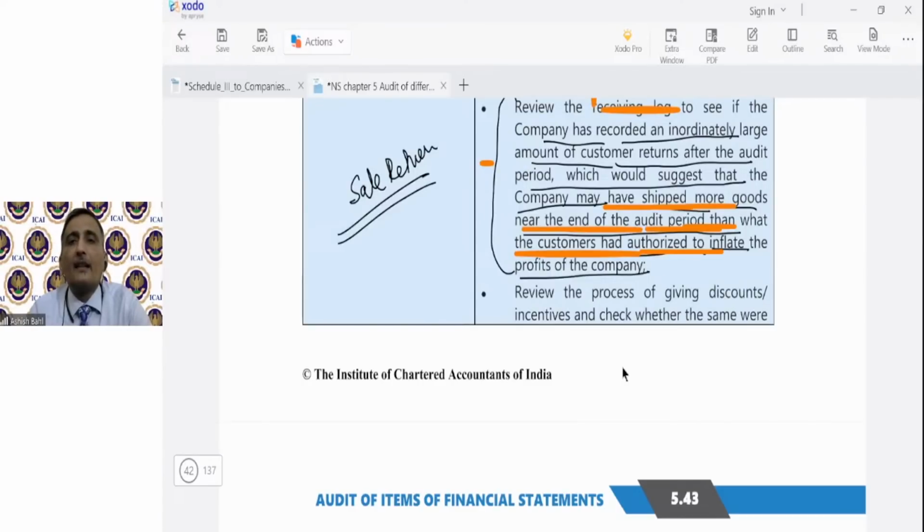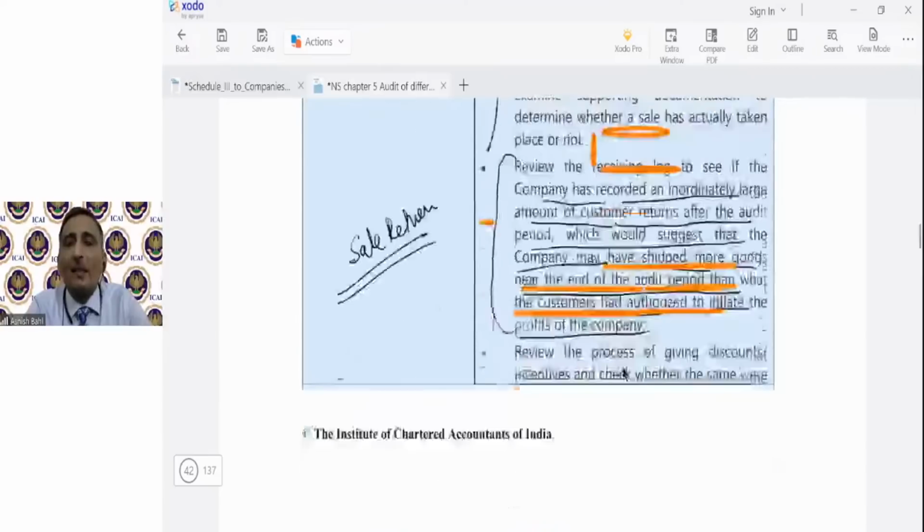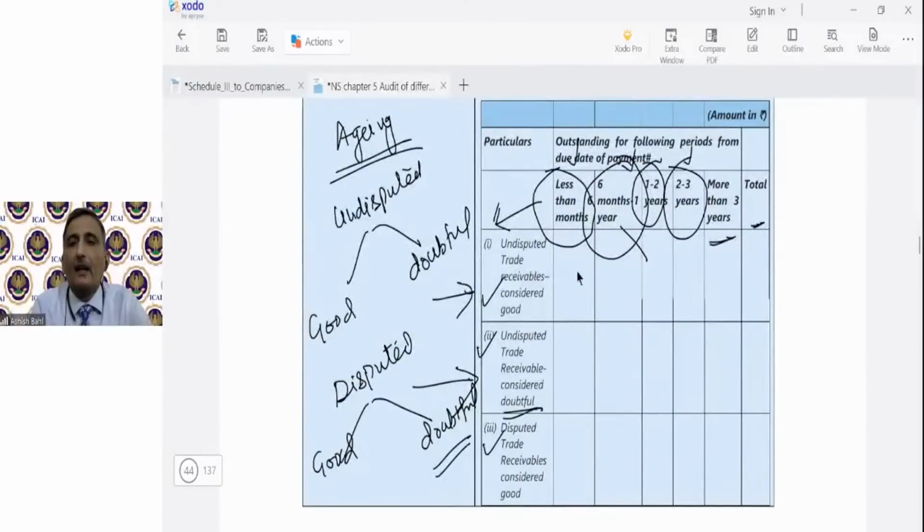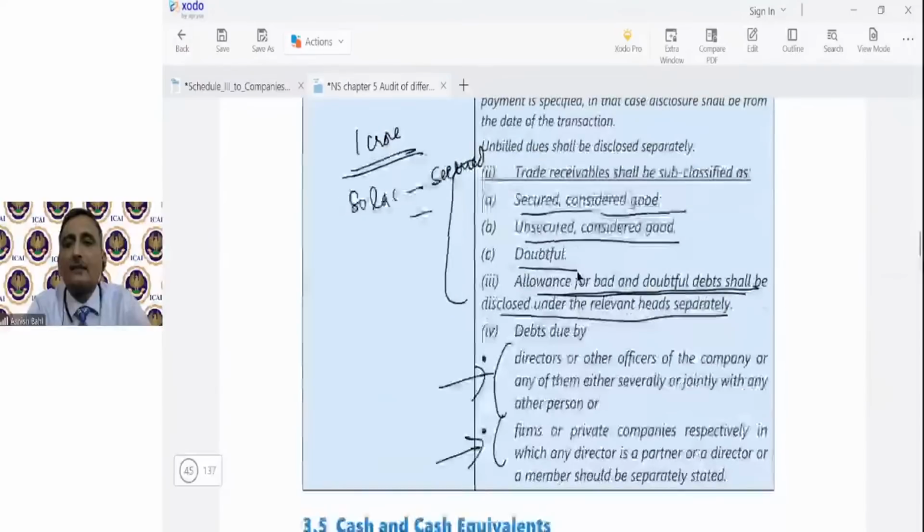The point is that you have to remember important areas of verification of trade receivables, and as far as disclosure requirements of company of Schedule 3 are concerned, you have to remember this table, this aging schedule, and also learn the other classification requirements.